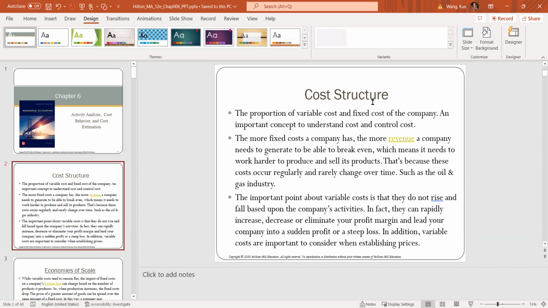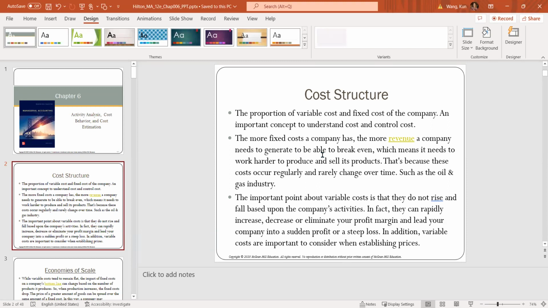When they refer to the cost structure of a company, you are not talking about manufacturing cost or non-manufacturing cost. You are referring to how much of your total cost is variable and how much is fixed. Because the relative portion of your variable and fixed cost will affect the operational dynamics.